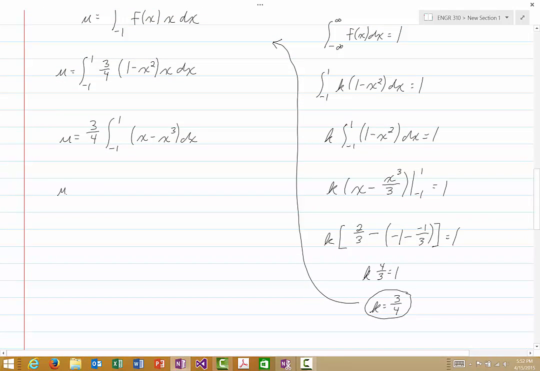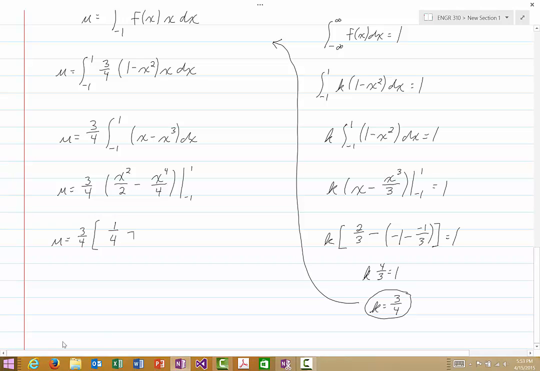So you get mu is equal to 3/4. And then when you integrate x, you'll get x squared over 2. And when you integrate x cubed, you'll get x to the 4th over 4. And we're going to evaluate that from -1 to 1. So this will give us 3/4, and then when we evaluate at the upper limit of 1, we will get 1/2 minus 1/4, so that will give us 1/4.